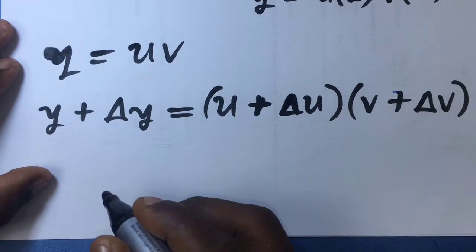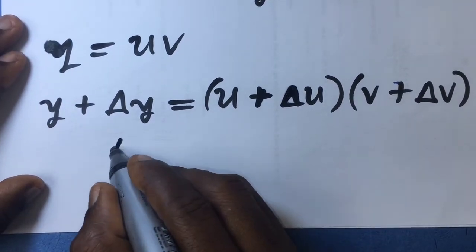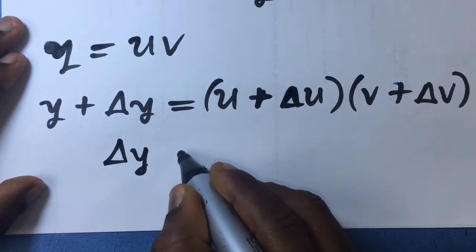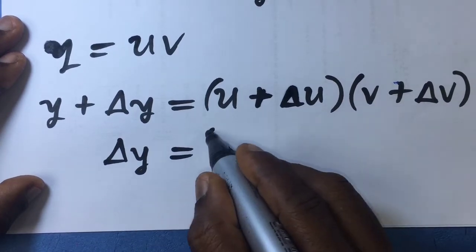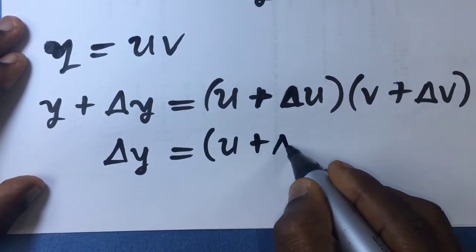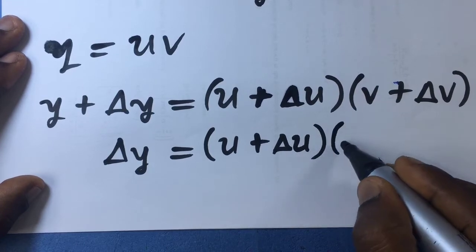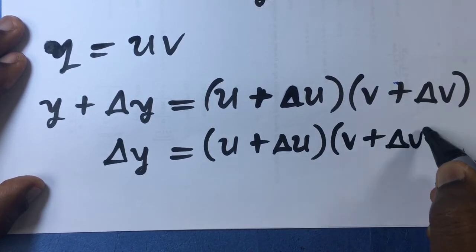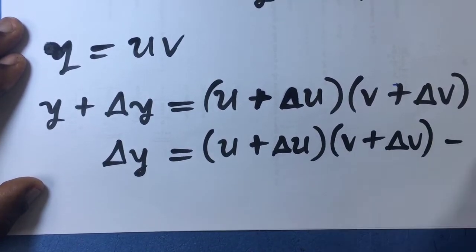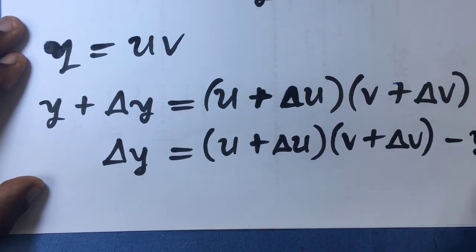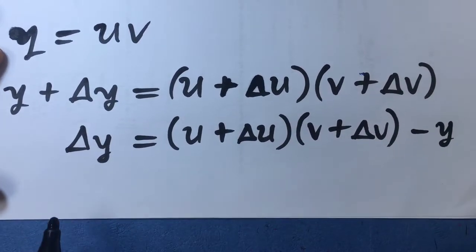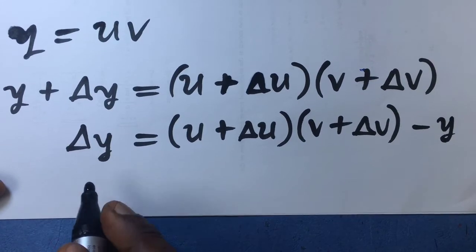Okay, now the next thing I'm going to do is to make delta y the subject of formula, and that will give me u plus change in u in bracket times v plus change in v in bracket minus what? Minus y. Okay, so I have simply made delta y the subject of formula.